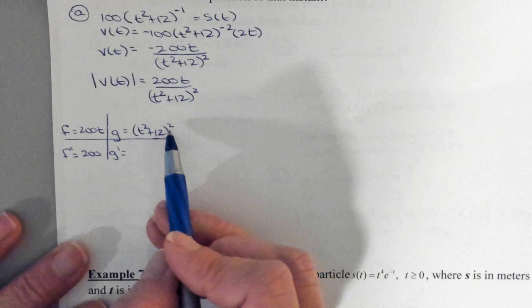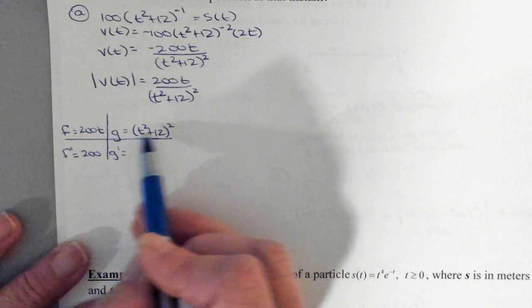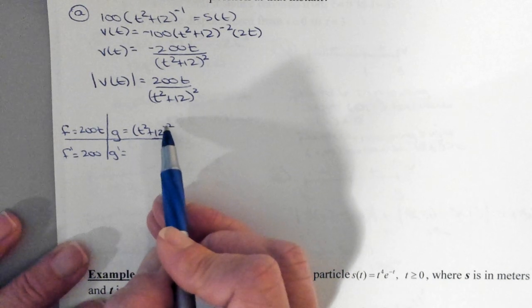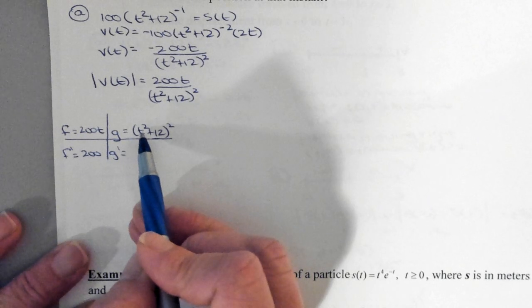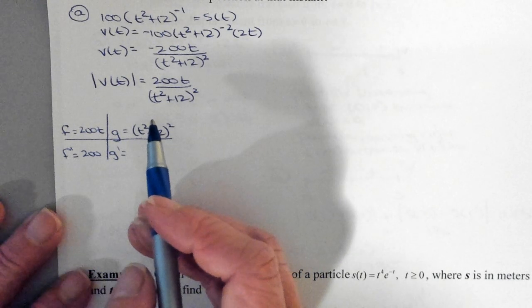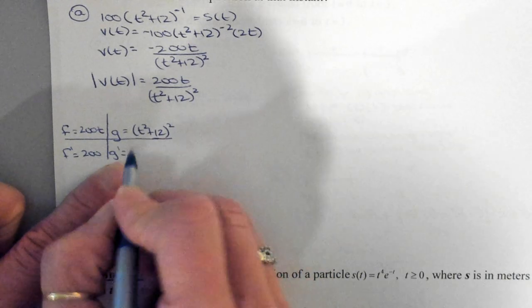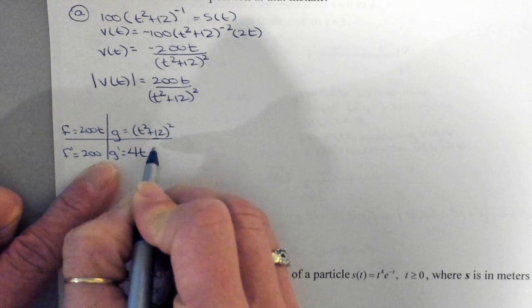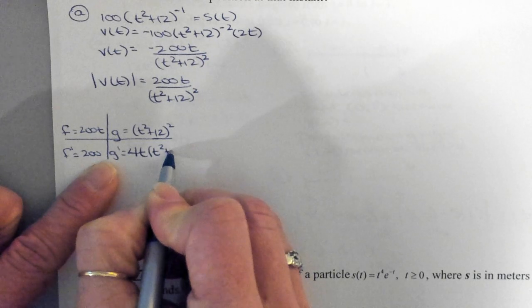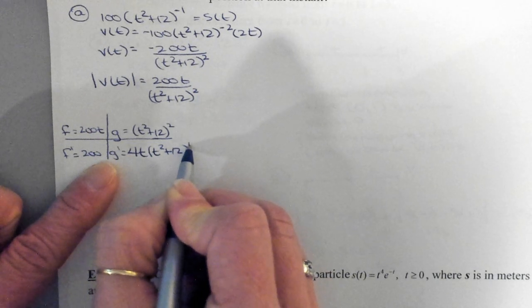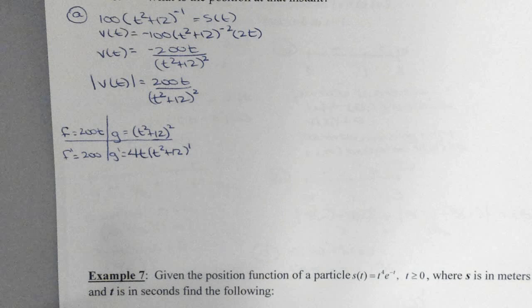This is going to be 2 times this quantity, to the first power, times 2t. So what is that really? It's 4t times t squared plus 12 to the first power. I don't have to put that 1, but I did.